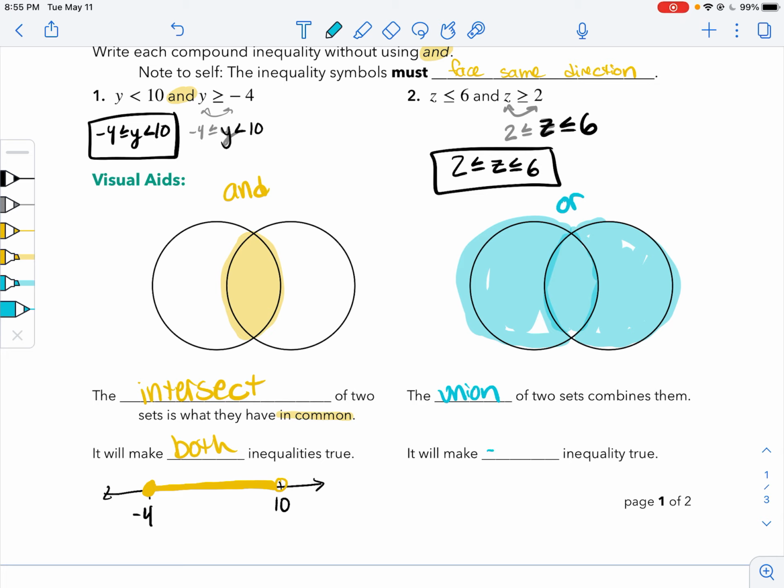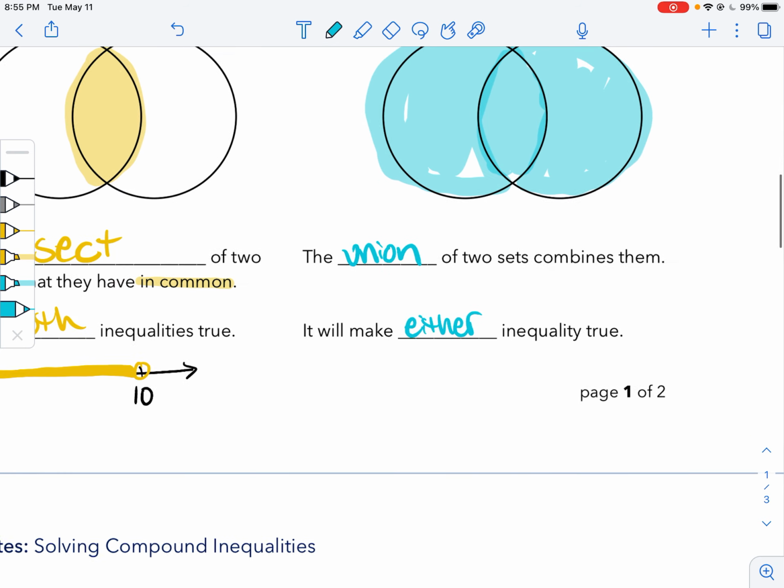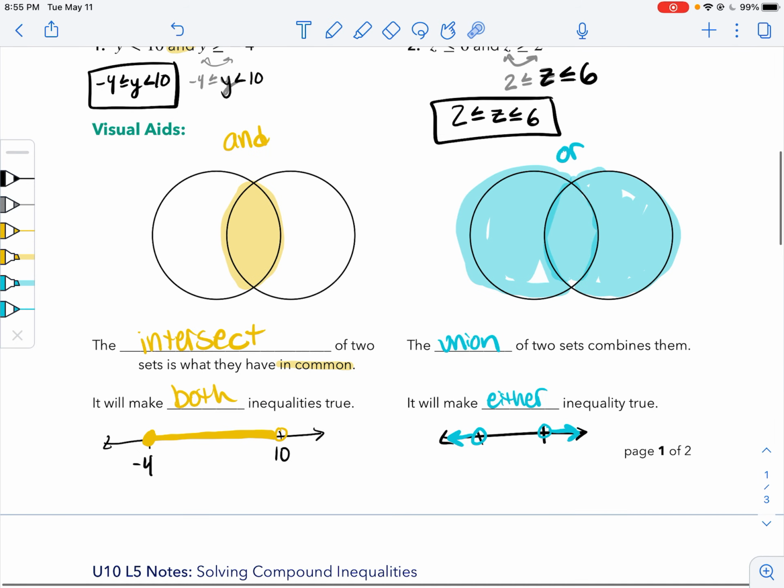It's what either one of them has. So usually there's not overlap, actually. You'll have like one number here, one number here. I didn't give you examples, but they'll split like this. So or is splitting and and is overlapping.